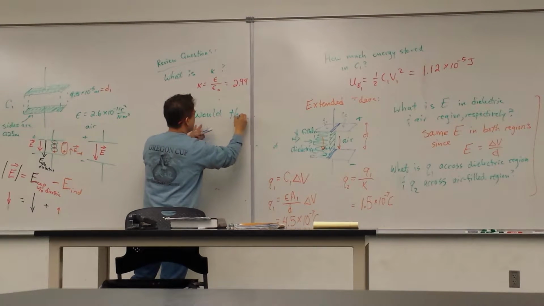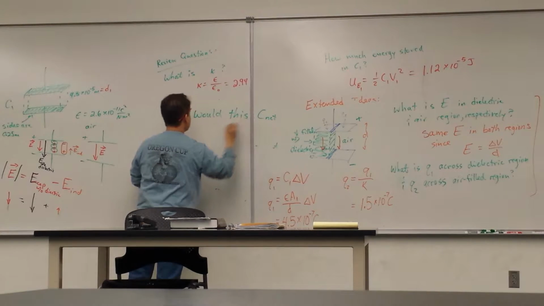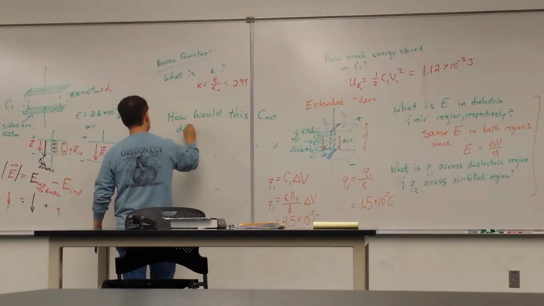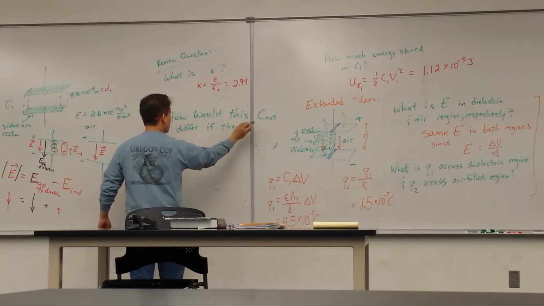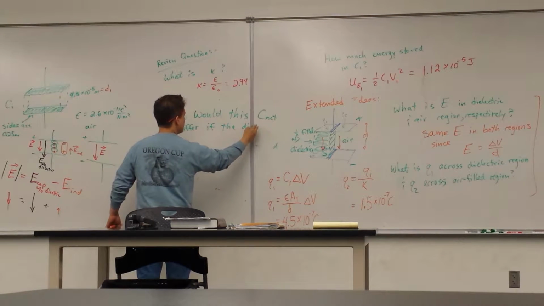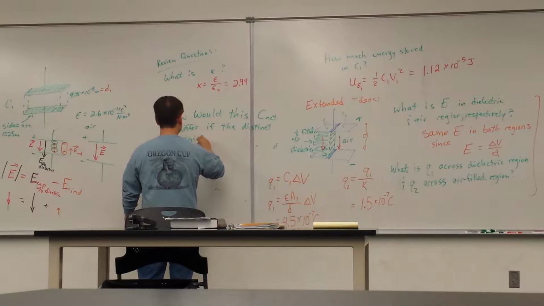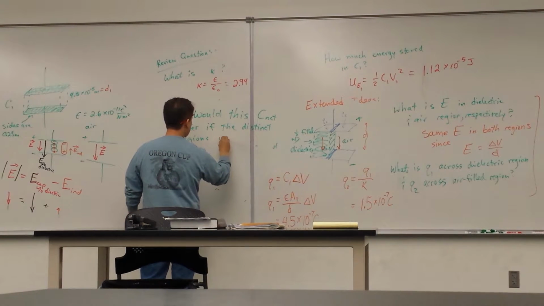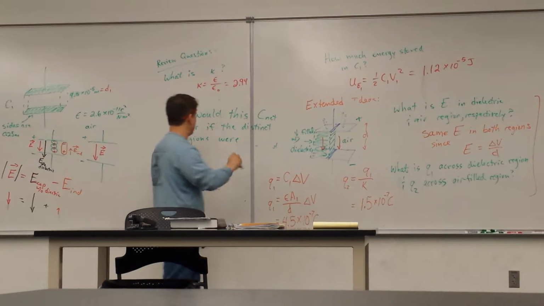How would this net C differ if the two distinct regions were physically split apart and separated?